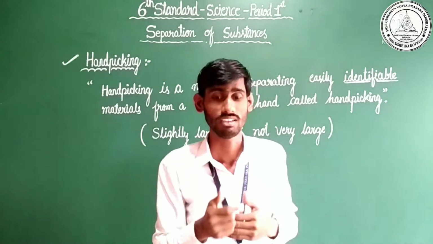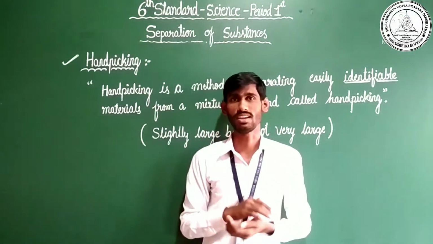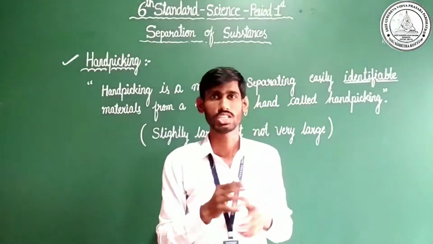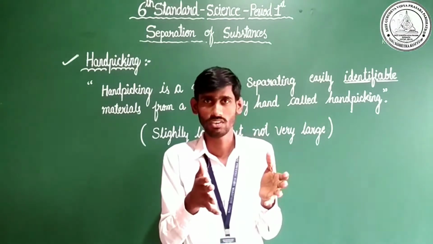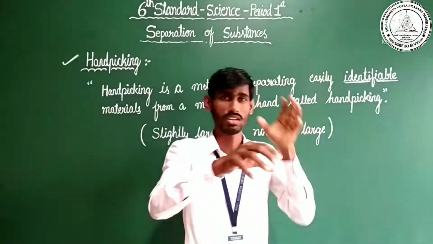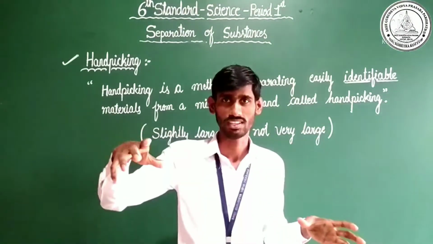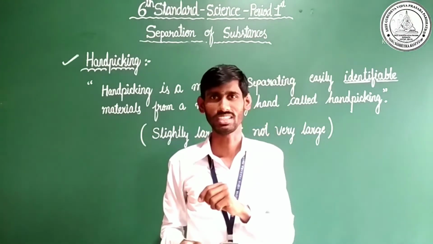When you visit a big bazaar, there are a number of different shirts mixed in a group. Small shirt, big shirt. You are going to choose a particular, convenient shirt. That is the hand picking method.